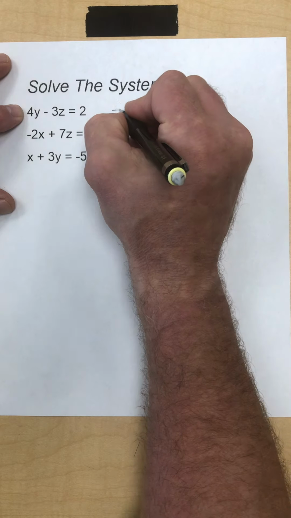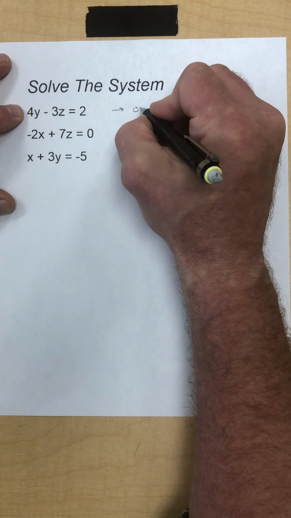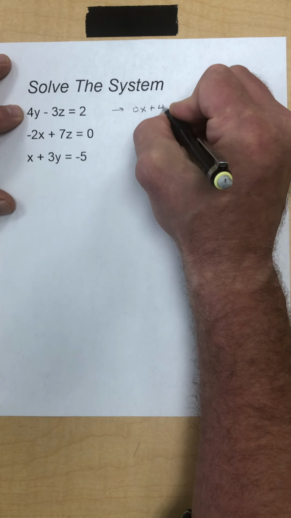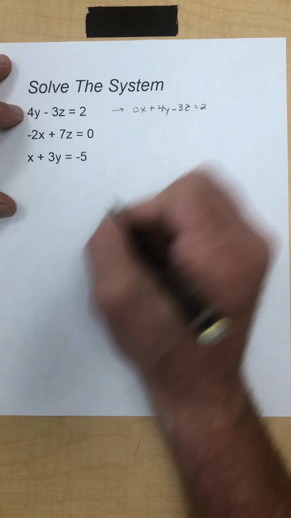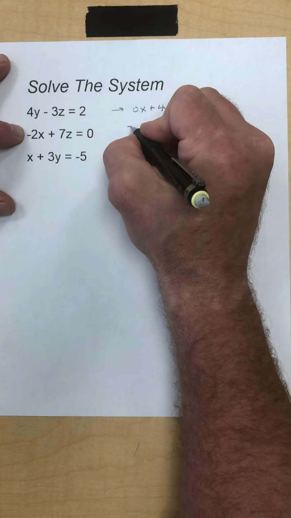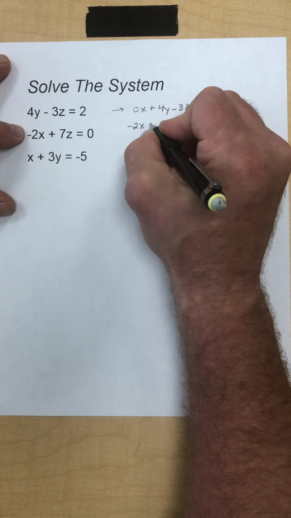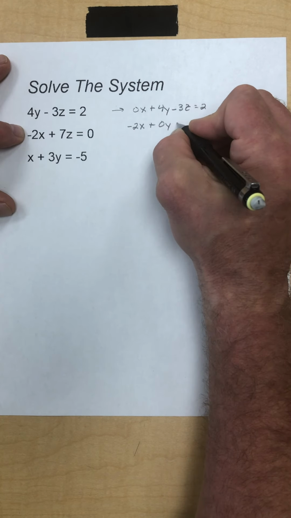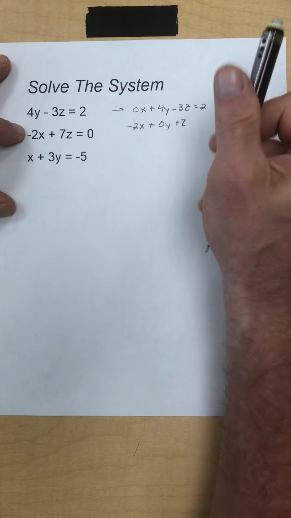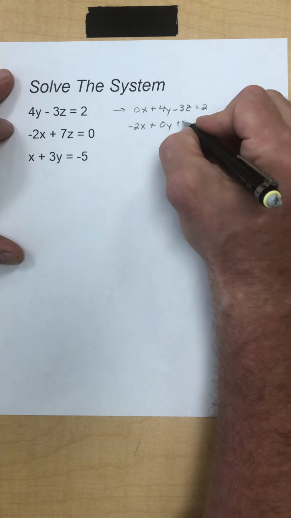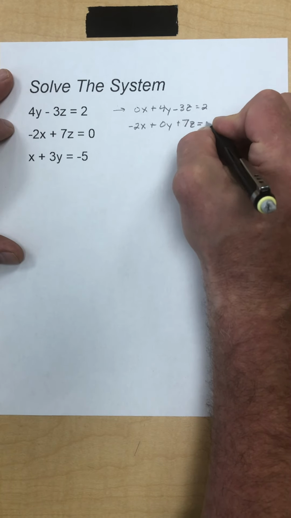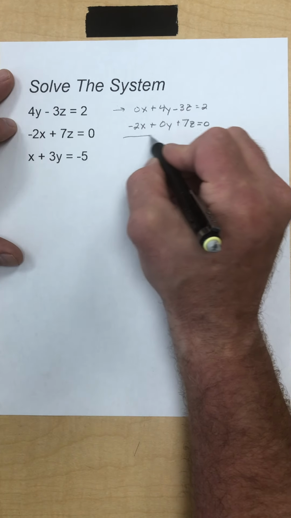Okay, so if I take that guy, I would have a 0x plus 4y minus 3z equals 2. And then I take this guy, I have a negative 2x plus 0y plus 7z equals 0.